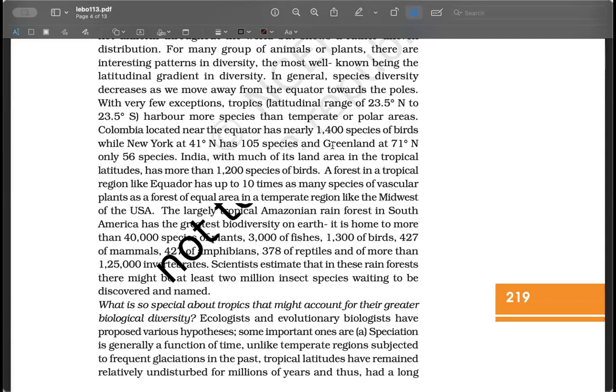Okay, but in the tropical regions, if you see overall, the environment stays relatively more stable. So if there are grasslands, that's why you don't find grasslands in temperate regions. You won't find grasslands in the northern countries of Europe.